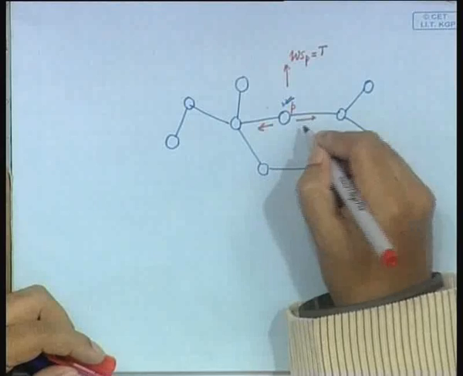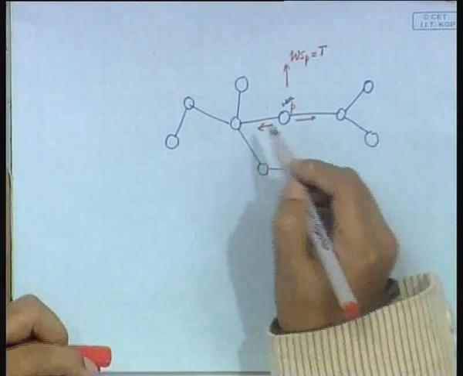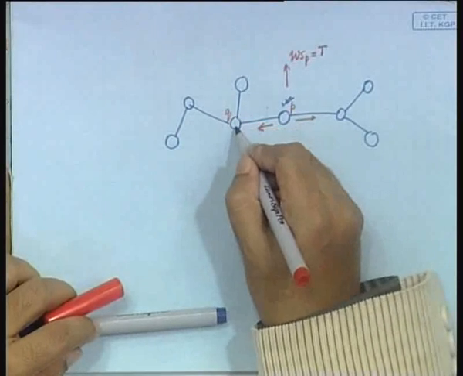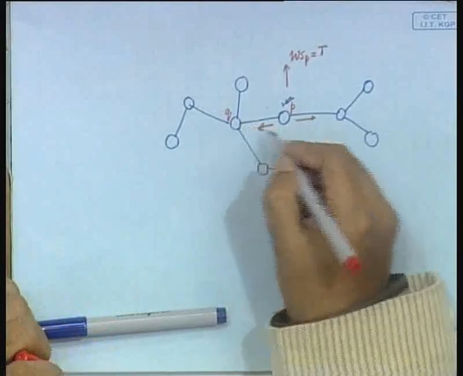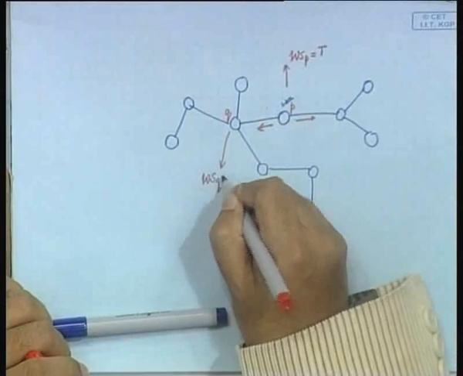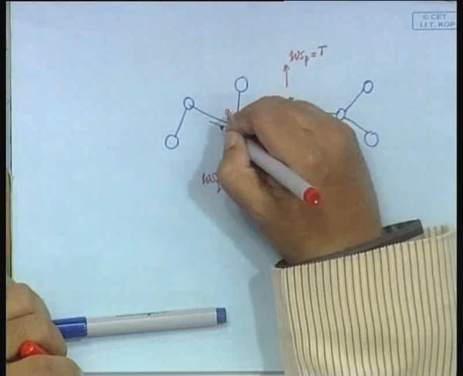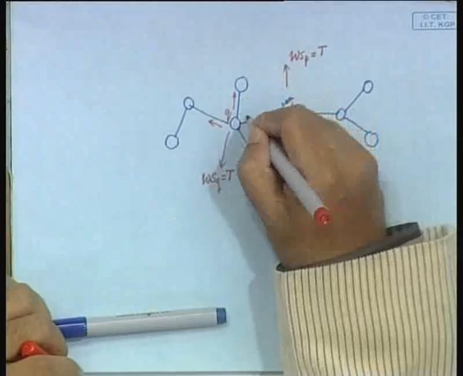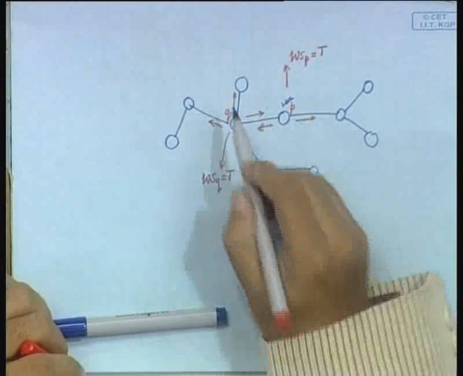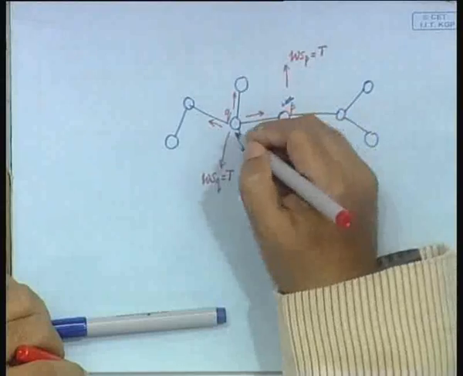Okay. So, after a node receives a wake up, what does it do? It first checks whether, suppose this is q, WSQ is true; initially it is false. So, when it gets the first wake up, it will set WSQ to true, and then it will send wake up messages to all nodes, including the one from which it got the wake up, and it will continue to wait until it gets wake up from all its neighbors.